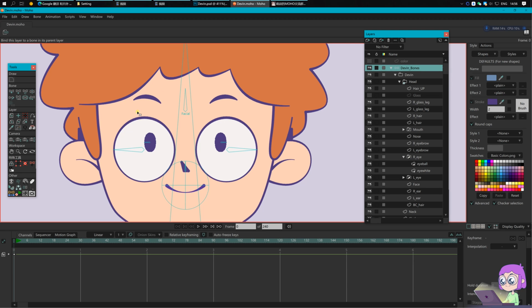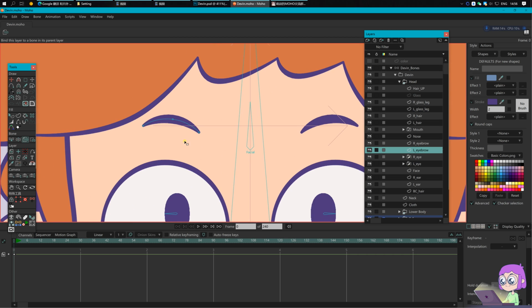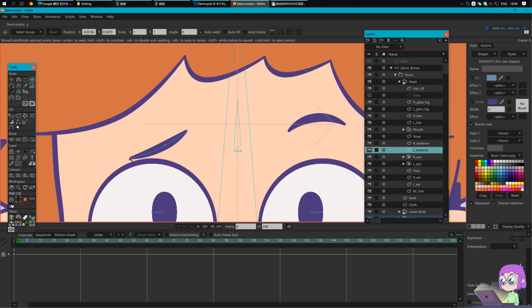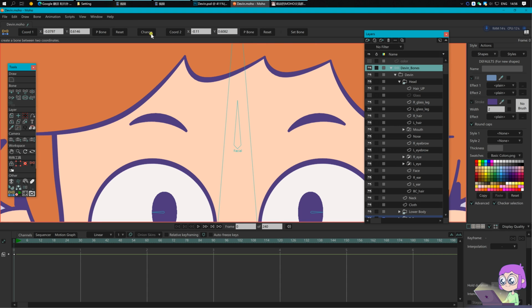Next, set a bone of the eyebrows. When I'm making an animation, I need to modify the 3 points of the eyebrow to make other expressions. So I need to set the bones of these 3 points separately.